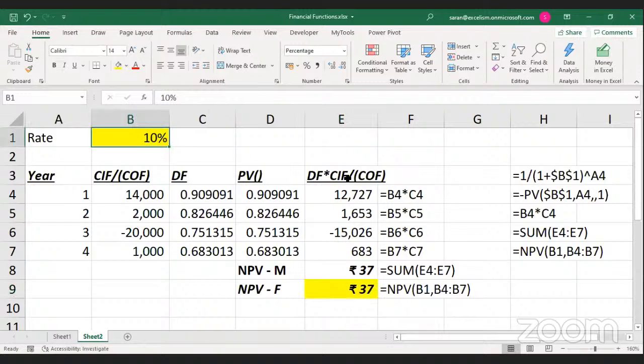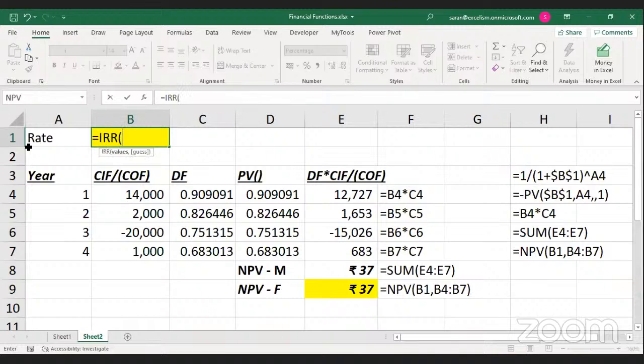Okay, so what I'm doing, I can simply put equal to IRR. For the IRR, there is only one argument which is required, the values. You may be surprised how it is going to interpret these values. As I already told you, the down payment is not required. So by default, it considers after 1 year, after 2 years, after 3 years, and so on.